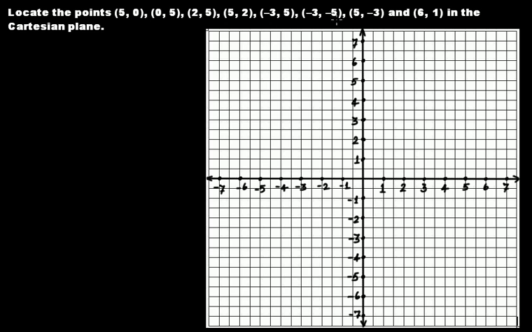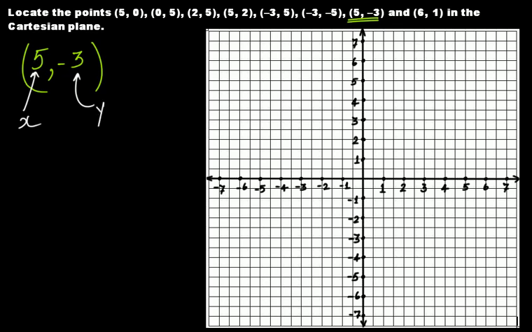Now we have (5, -3). In this case of (5, -3), it's actually talking about the positive direction of the x-axis, and the negative direction of the y-axis.